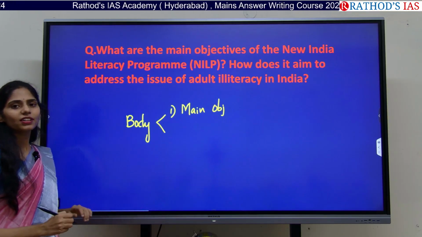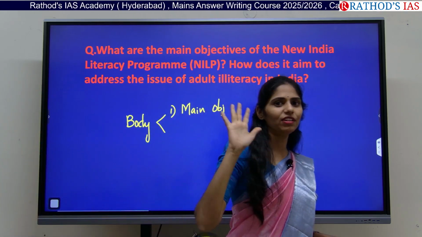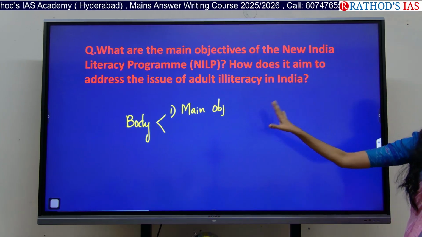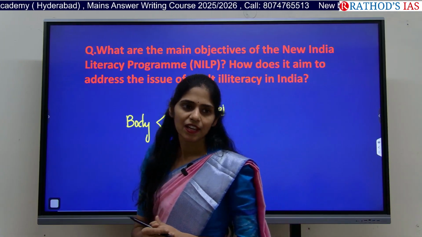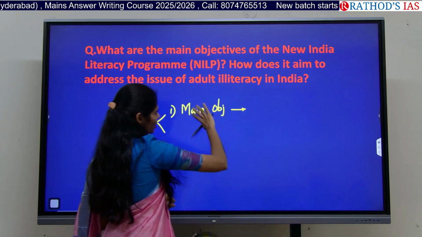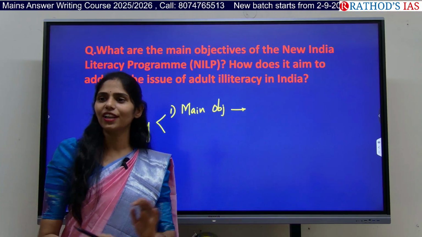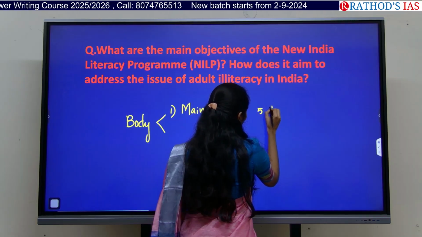I found a mistake in your answers: many of you wrote about the 5 important features of this New India program as objectives. But objectives are different from features. Many of you have a doubt that objectives are not given anywhere on Google, so how can I write them? So tell me what those 5 features are.